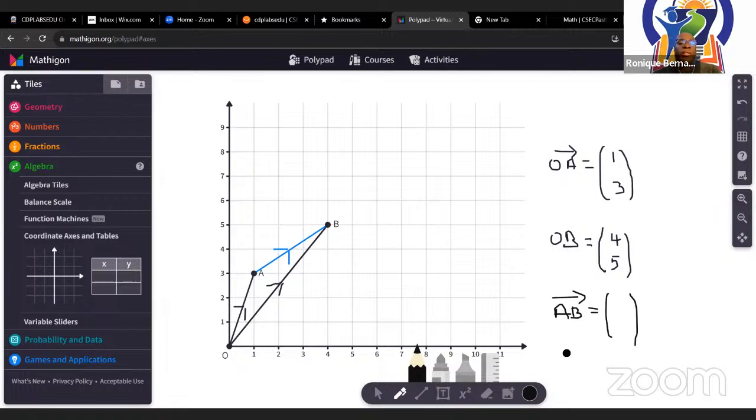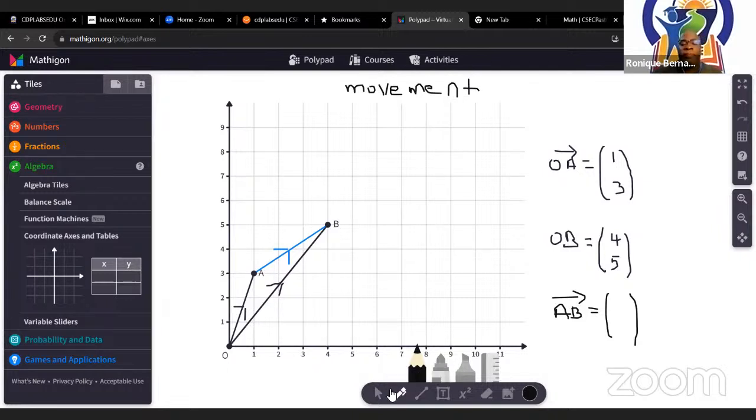All right, so look at it now. We're using the graph. Now, in a vector, please remember what vector is about. Vector is about movement. Movement from one point to another.